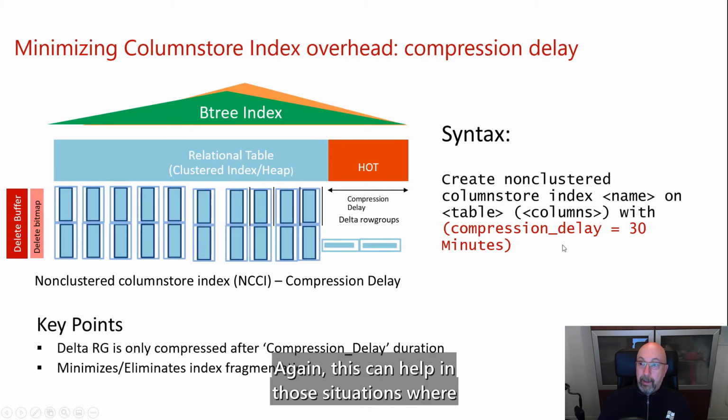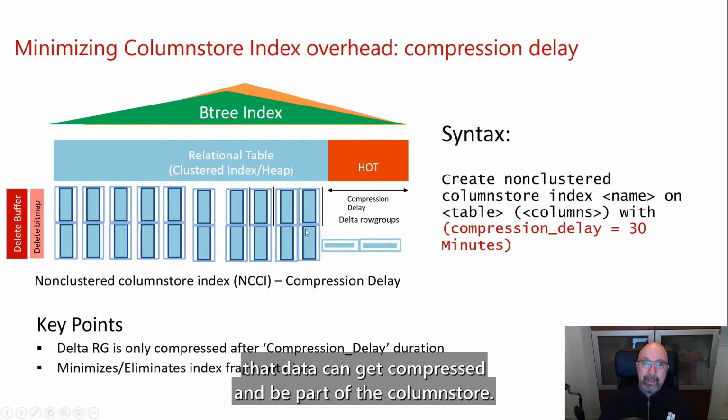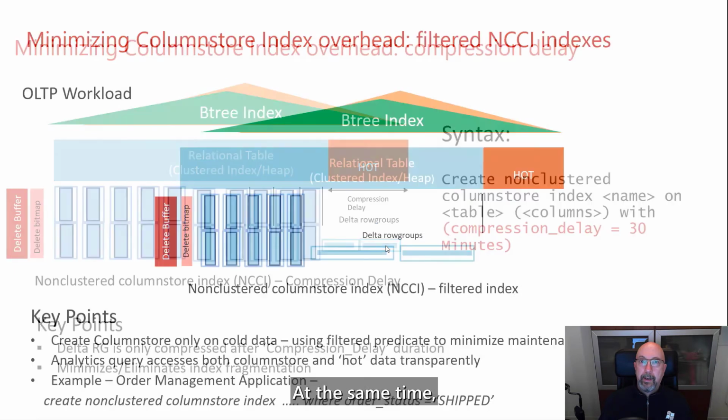This can help in situations where data stays hot for a given amount of time that we can predict. Until that delay, data belongs to the delta store. After that, data can get compressed and be part of the column store.